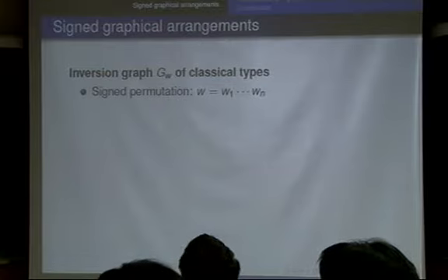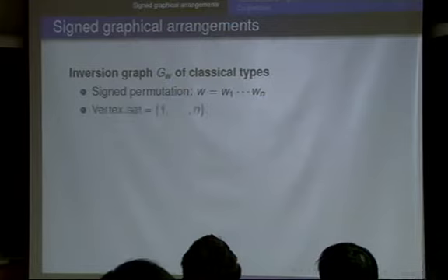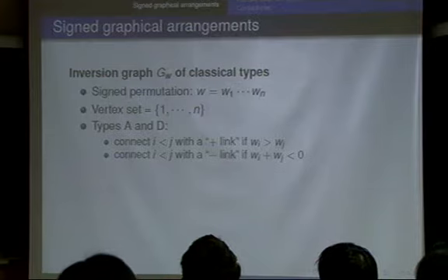But for type B, it's a signed permutation, so we permute the numbers and give some signs to each number. I'll show you an example. The set is 1 to n, each element is represented as a signed permutation, and we connect i and j with a positive edge if wi is greater than wj. This is the same as the type A case.